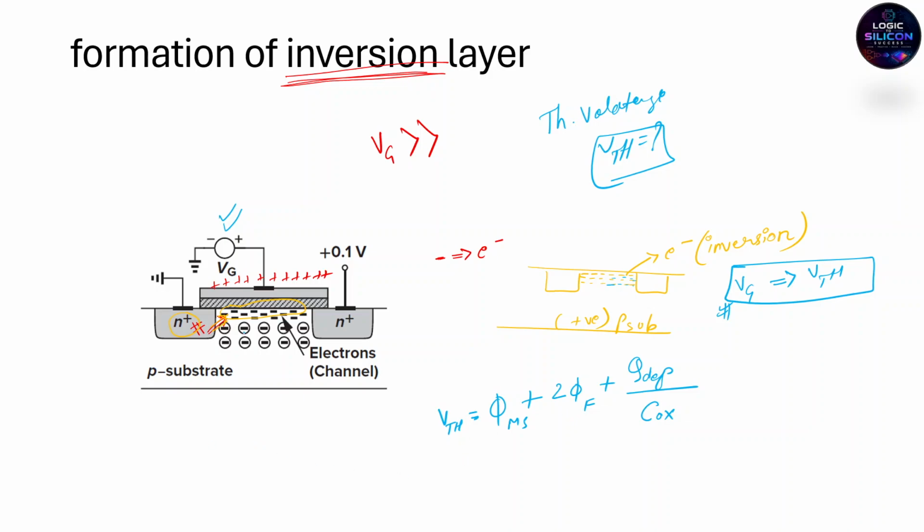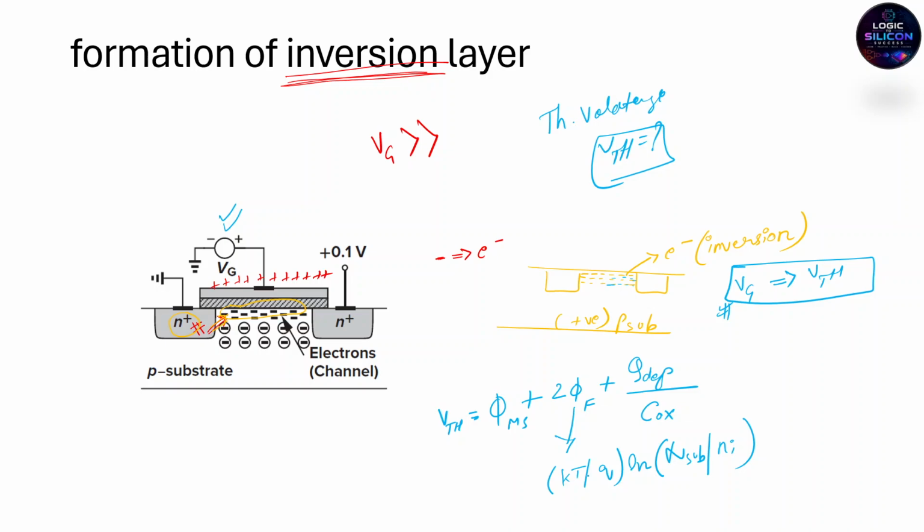Here phi f is simply kT divided by q times ln of N substrate divided by the intrinsic concentration Ni. K is the Boltzmann's constant, q is the electron charge, N sub is the doping density of the substrate, and Ni is the density of electrons in undoped silicon.